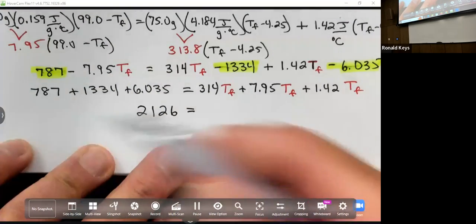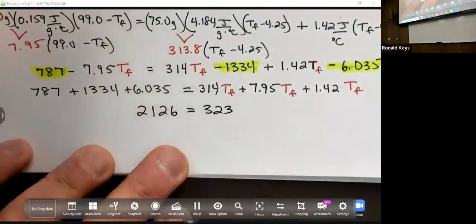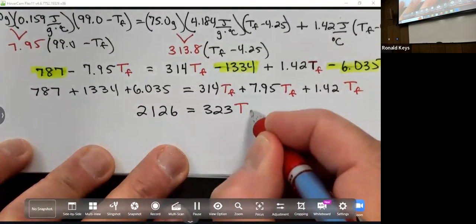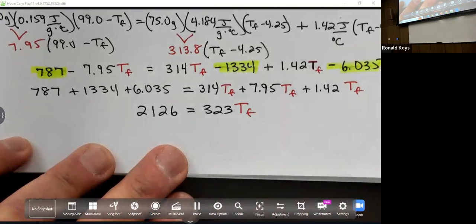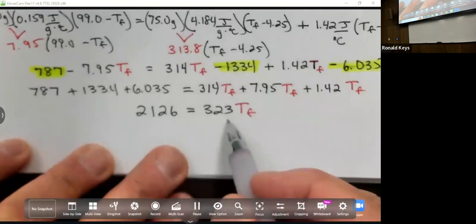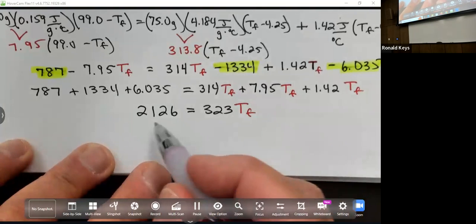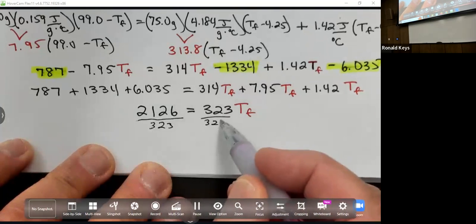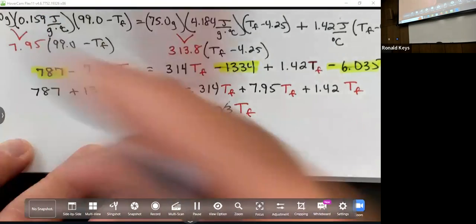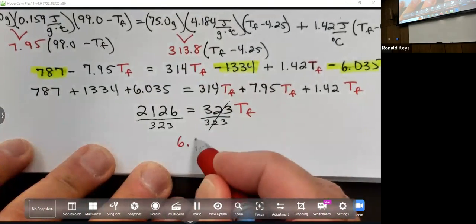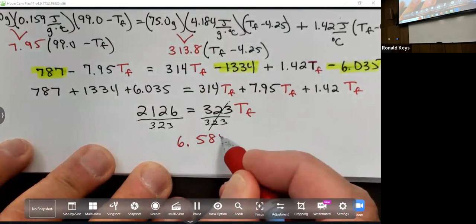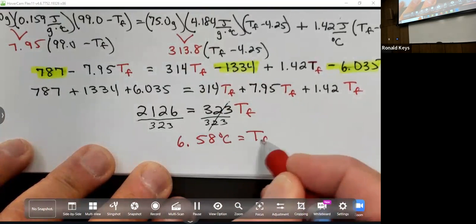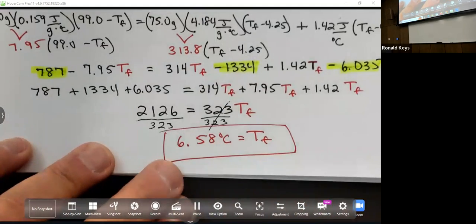And on this side, we get 323. To solve this, we're just going to divide by 323, right? Divide both sides by 323. .58.